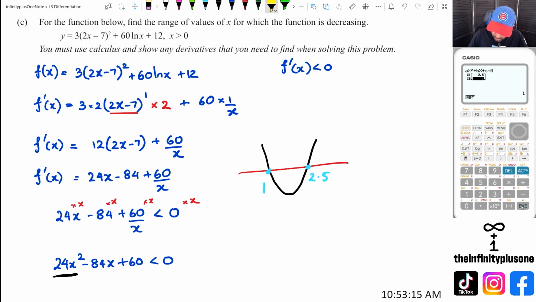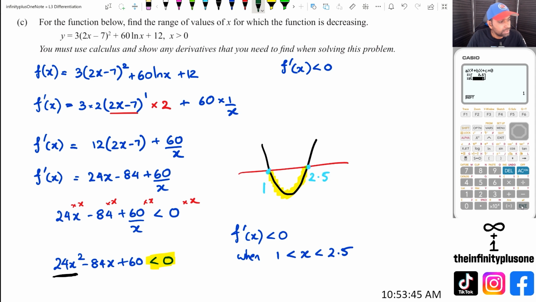And of course, we're looking for when this graph is less than 0. So for less than 0, we're looking at this particular zone here. So we can say f dash of x is less than 0 when x is between, well, actually no, I probably should write it like this, when x is between 1 to 2.5.